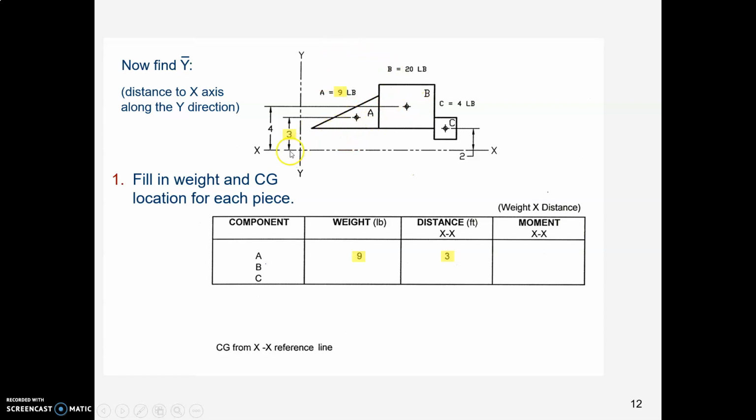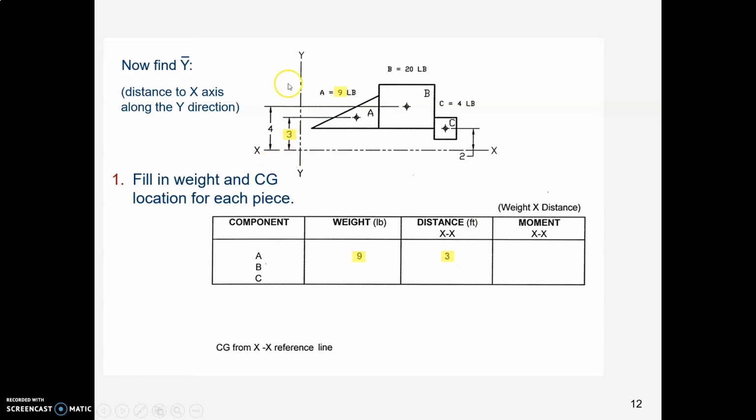You don't want that thing sticking out in some negative direction. It gets all confusing. So if you make an axis sort of out in space, it can just be reassuring that, okay, you've got some room to work with. I didn't need to do that, but I did it. All right, anyhow, we are looking for Y bar.